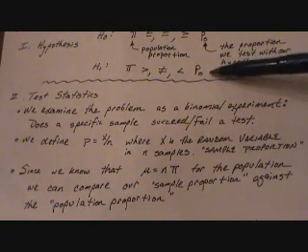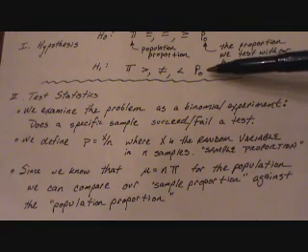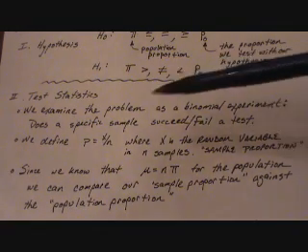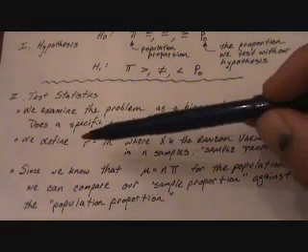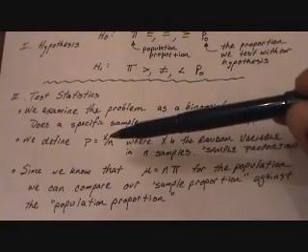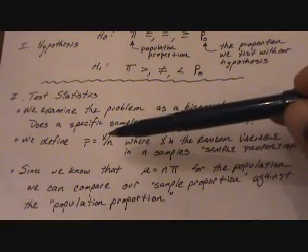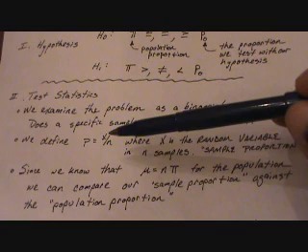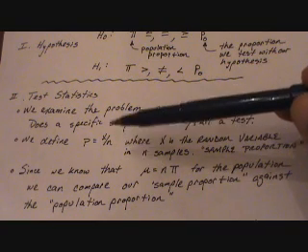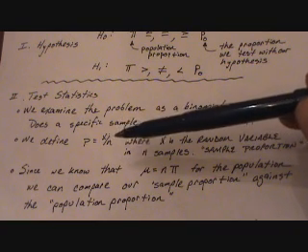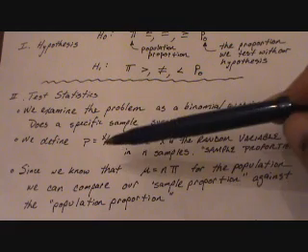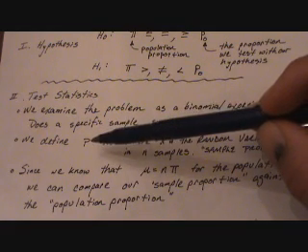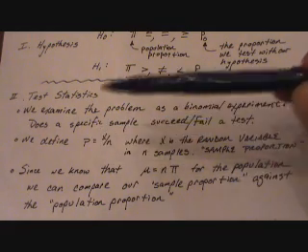Either it passes the experiment or it fails. So from our data set, we will use the random variable x to represent the number of data points that pass, that meet our criteria. Our total number of samples would be n, and that gives us our sample proportion, little p.